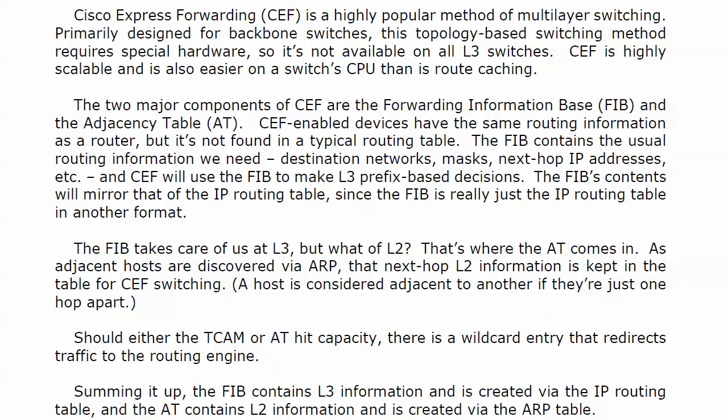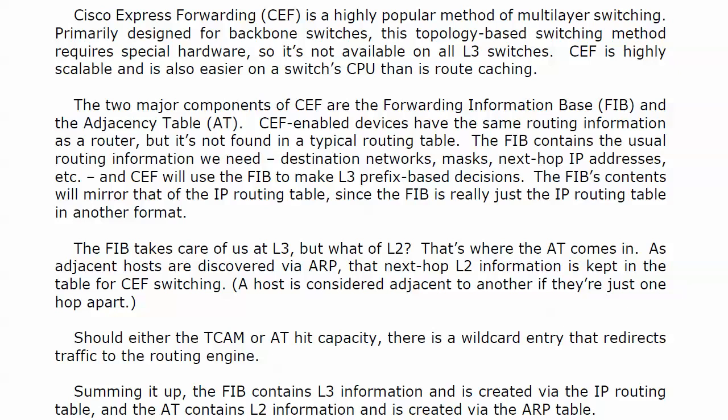That's all it is. So the FIB takes care of us at layer 3, but what about layer 2? Well, that's where the adjacency table comes in. As adjacent hosts are discovered via ARP, that next hop L2 information is kept in the AT table for CEF switching. And a host is considered adjacent to another if they are just one hop apart. Probably hadn't heard hop since you studied RIP, if you ever did. So it's just one hop apart.